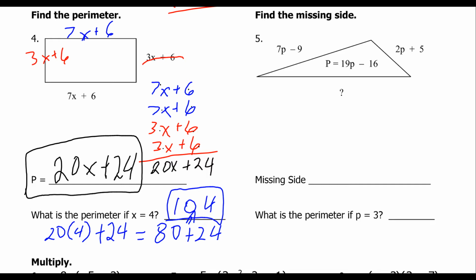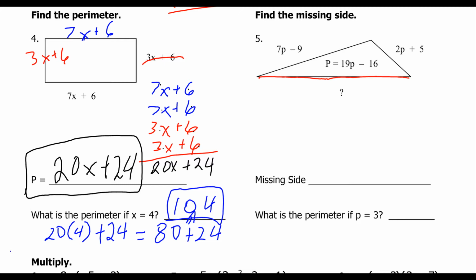Number 5. If we look at this, it's asking to find the missing side. Our missing side is this side right here. Now, what we need to do is we need to come up with a way to find that.